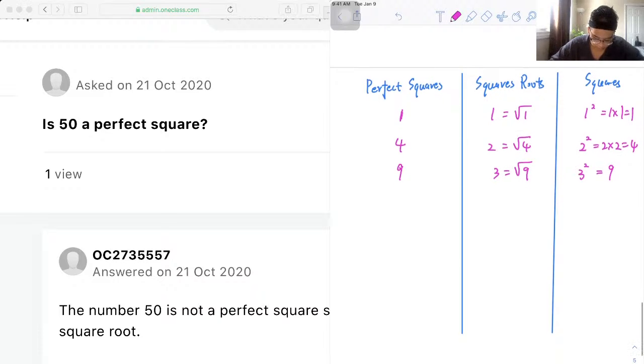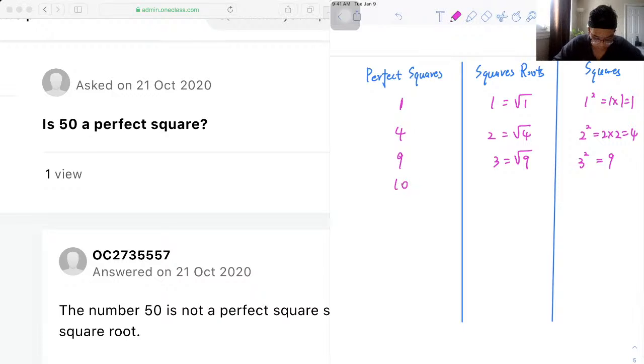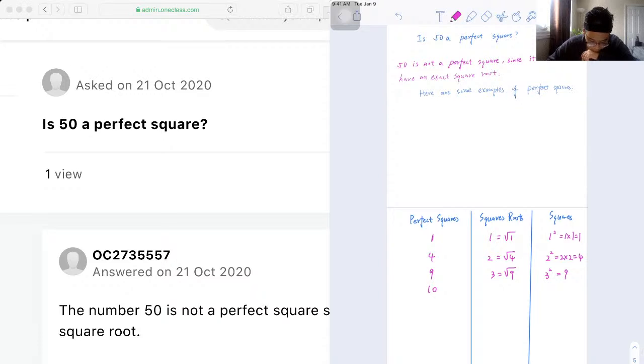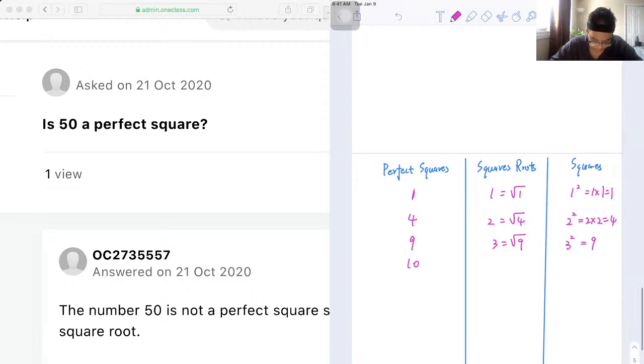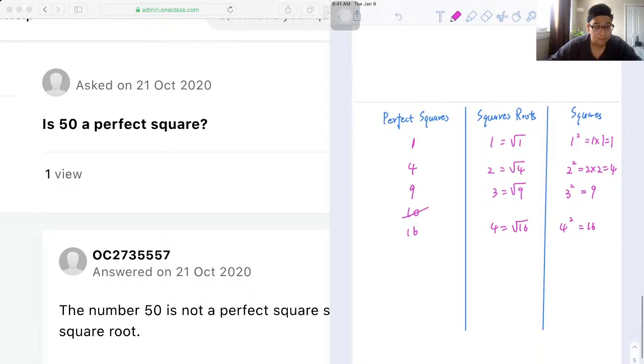And then 10 doesn't work since we cannot find an exact square root of it, and 11, 12, 13, 14, 15 don't work either, and then 16 works. If we take the square root of 16, it's going to be equal to 4, and 4 to the exponent of 2 is equal to 16.